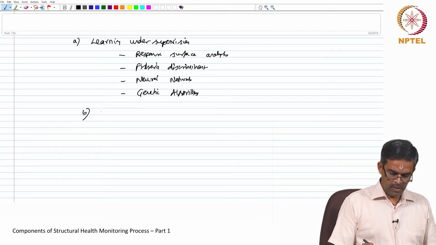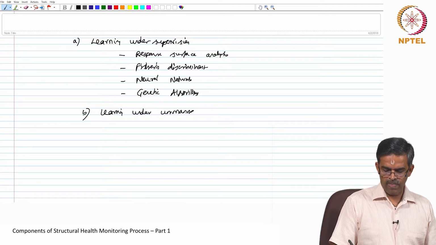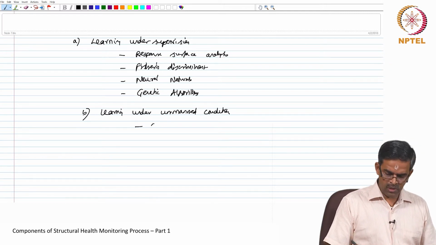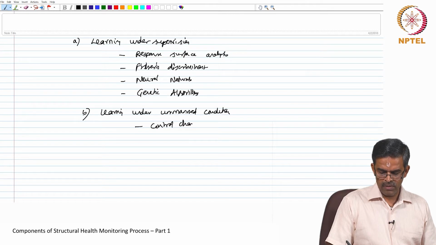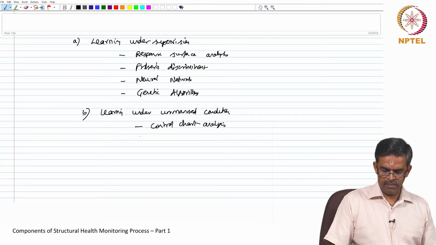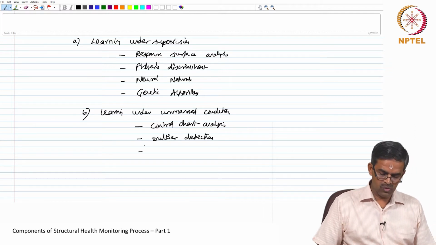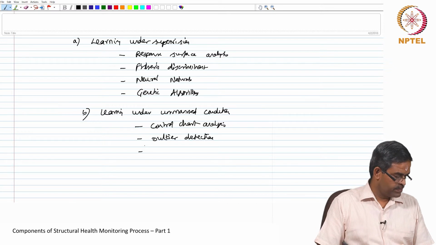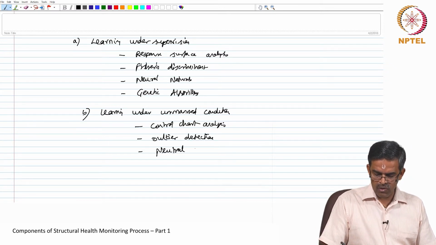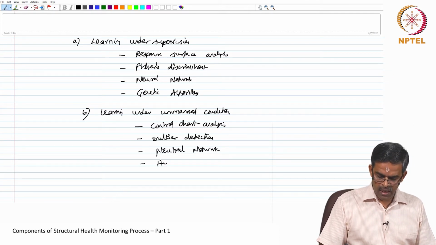Whereas, learning under unsupervised conditions deals with control chart analysis, which is more or less automatic, outlier detection, which will filter out the outlier values of the recorded excitations, of course, neural networks, which also has the capability of training the system under unsupervised conditions, and hypothesis testing.